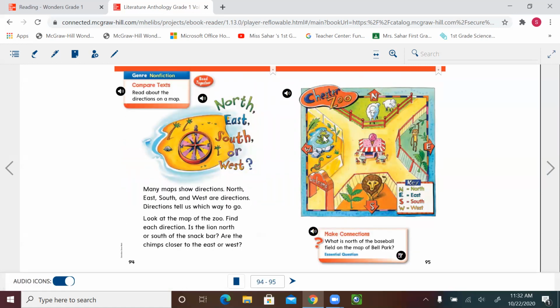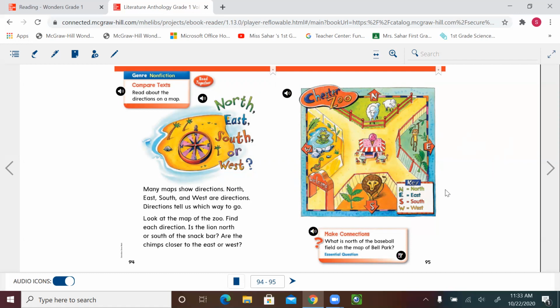So for this lesson, I learned about directions, and I know that labeling the map with the directions such as north, east, west, or south is very important because it helps you to understand which direction you need to start, or which direction you should take. And we also learned that the map key tells this letter stands for the whole word or the direction I need to take.